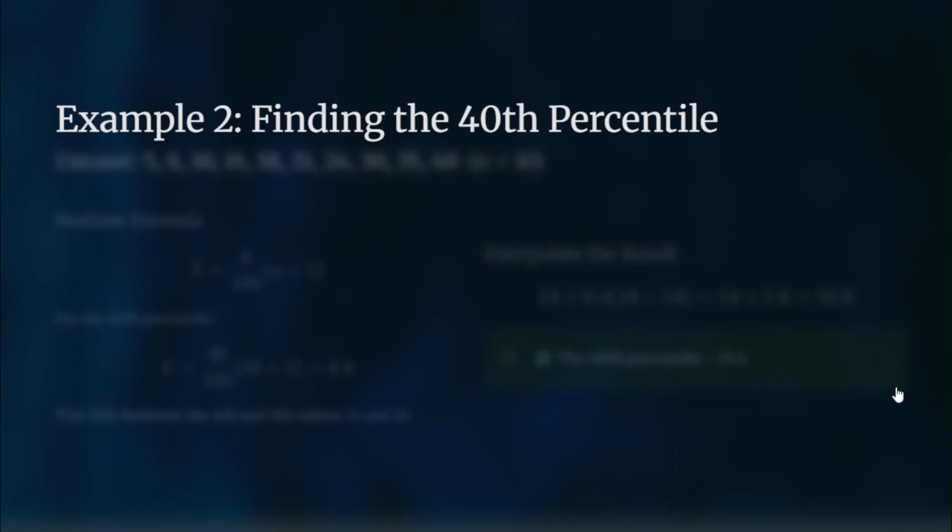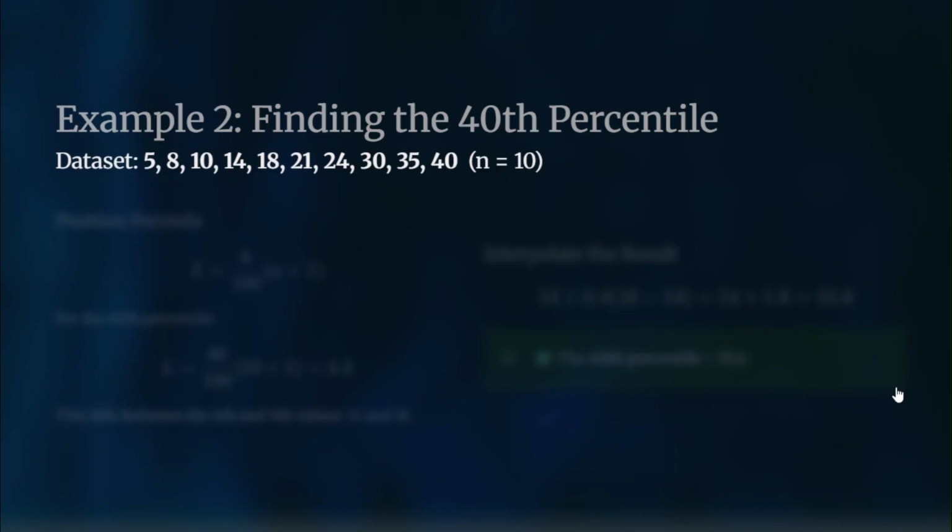Now in this second example, we have our data set: 5, 8, 10, 14, 18, 21, 24, 30, 35, and 40. In this case, we have 10 values, so n equals 10.